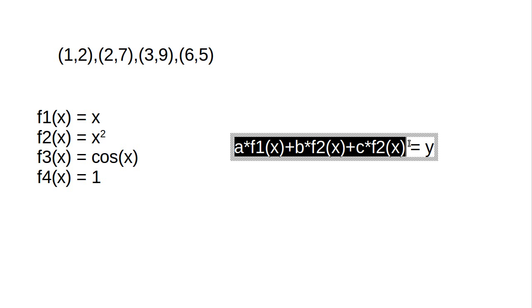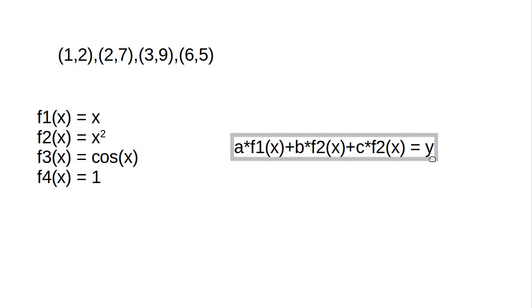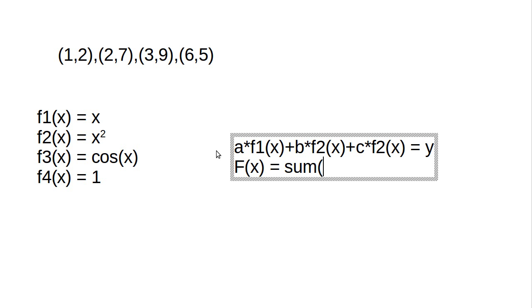I'm going to call this sum, with these different coefficients, a capital F of x. So F of x is equal to the sum of, instead of calling these a, b, c, I'm just going to call them different c values, c sub i times f sub i of x.